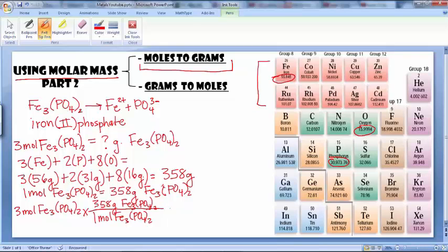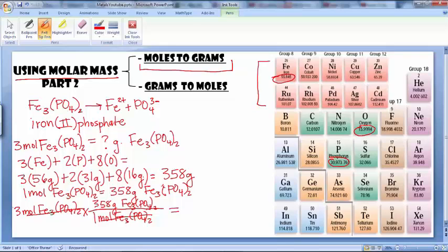Okay, so that is equal to what? Before we say what it is equal to, what happens to our units? Moles of iron 2 phosphate cancel.